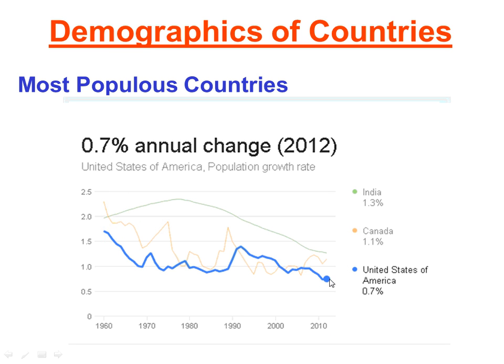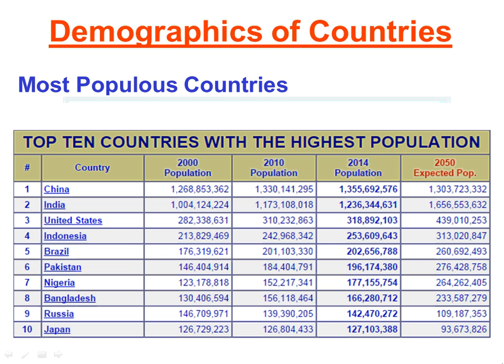And then here's the table I was talking about, the top 10 countries with the highest population. This is currently the same lineup that we saw from your textbook, but if you look over here for 2050, we're projecting that India is definitely going to pass China as the most populated country. We also see some shakeups down here.